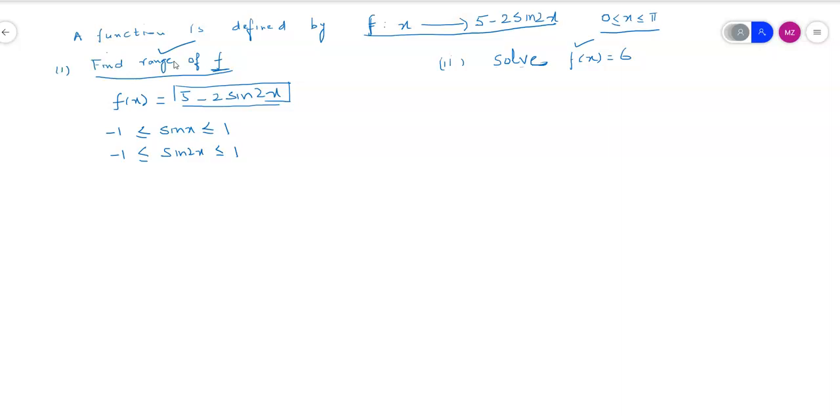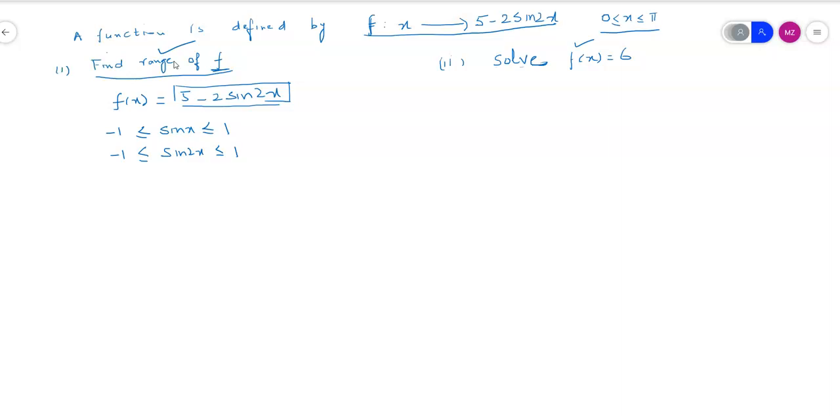When you multiply by minus 2 in an inequality, the signs will be changed. Less than or equal to will be converted into greater than or equal to, and this one will also be converted.